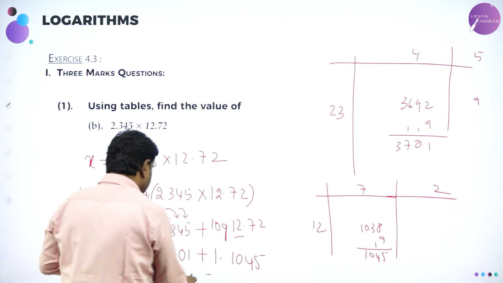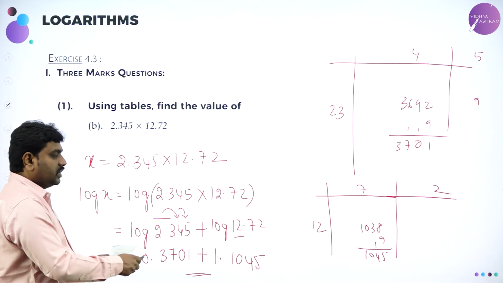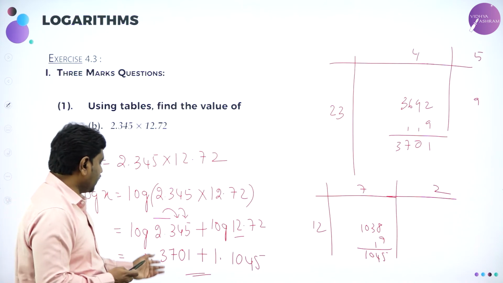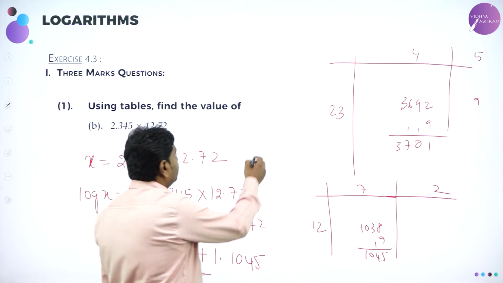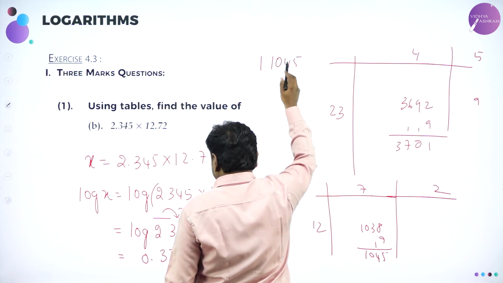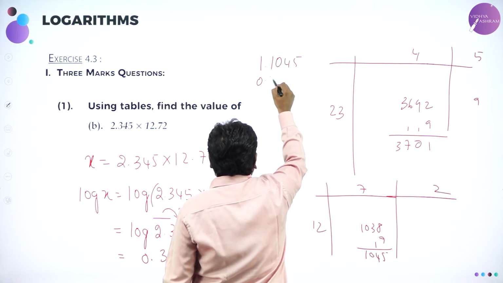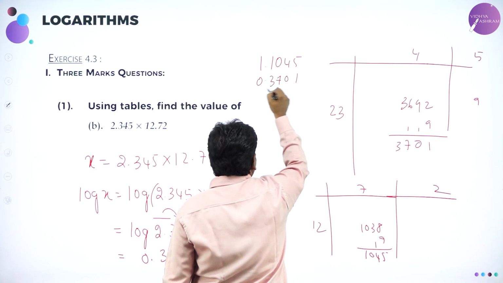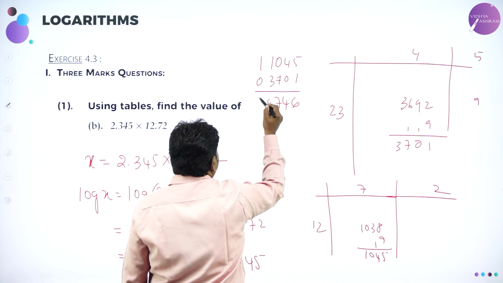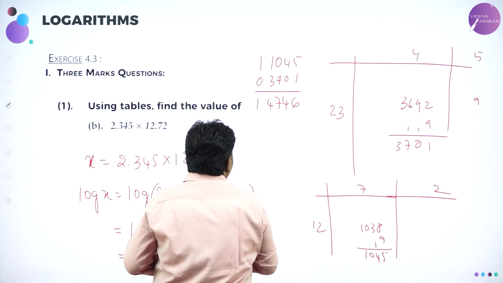Now add these two using the calculator, then find the anti-log for this and continue. So now you can add these two. 1.1045, 0.3701, carefully you should add. So 1.4764.